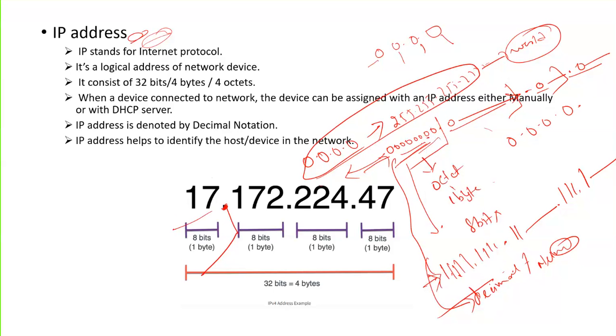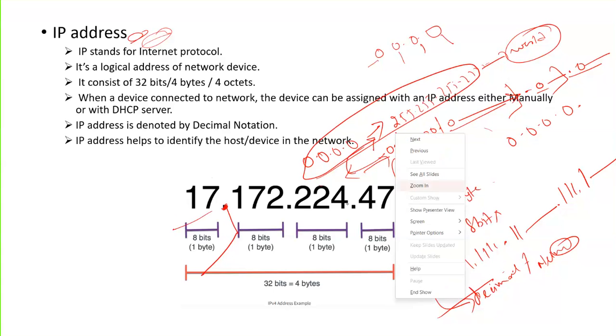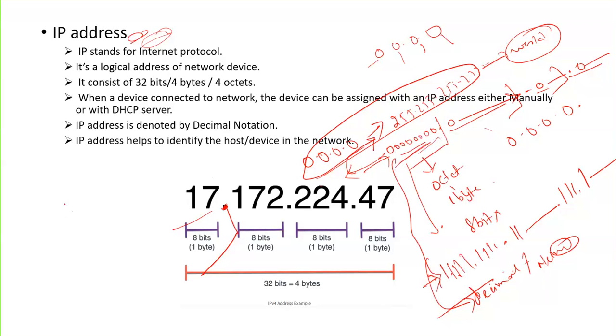That's why these binary addresses are converted internally to numeric, that is decimal, values. So now we have IP addresses starting from 0.0.0.0 to 255.255.255.255. These are the range of addresses we have. If you go to your settings on your computer and look up the IP address, you will see an IP address within this range only.